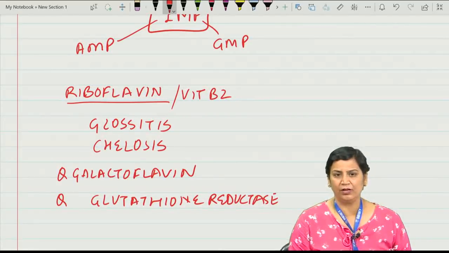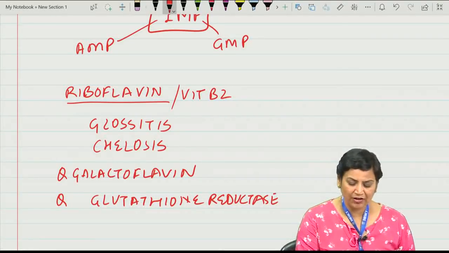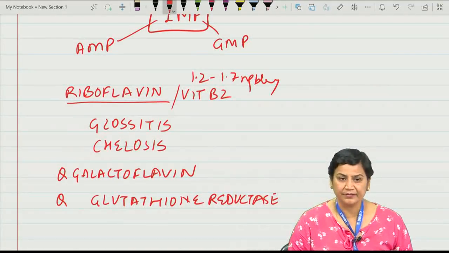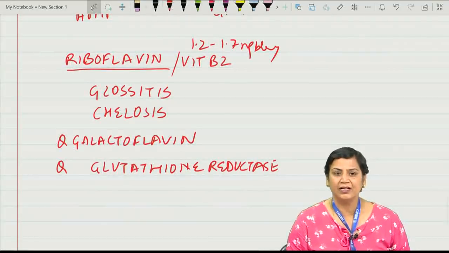This is again a very important question. And RDA of riboflavin is 1.2 to 1.7 milligrams in a day. Right? So the answer to this question is riboflavin.